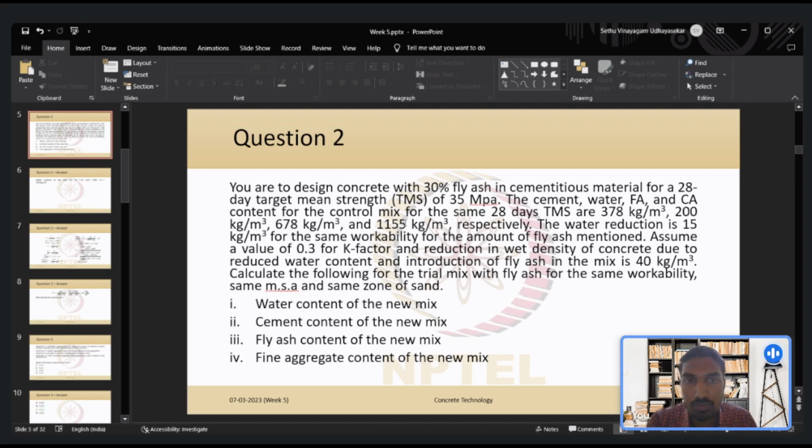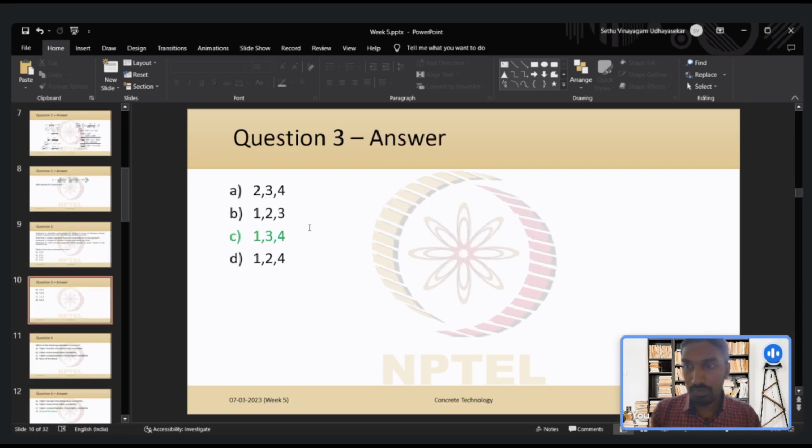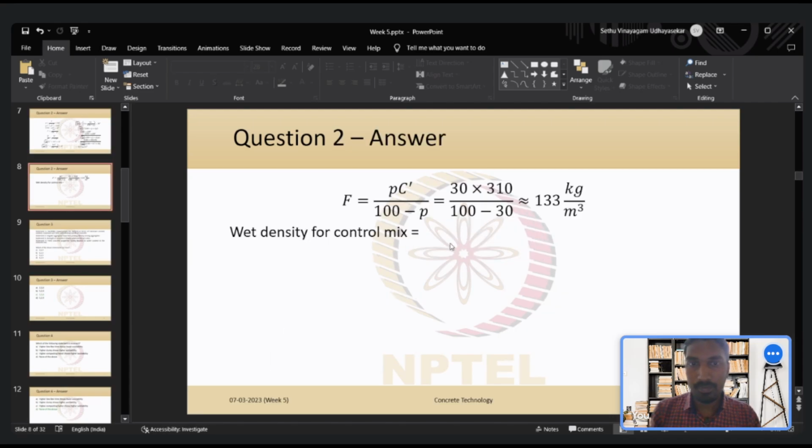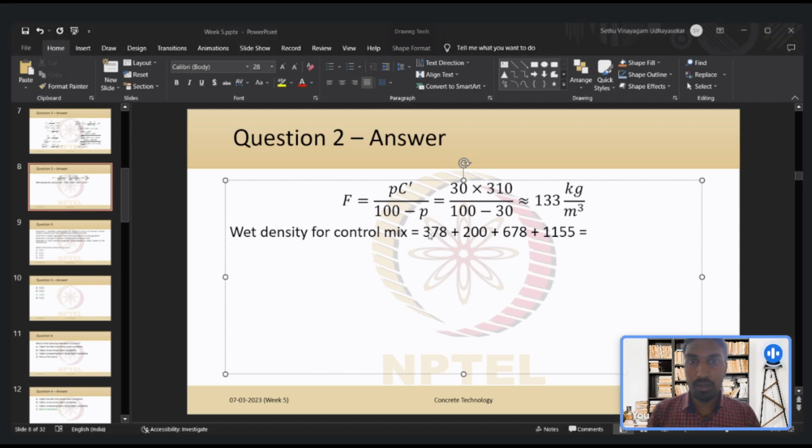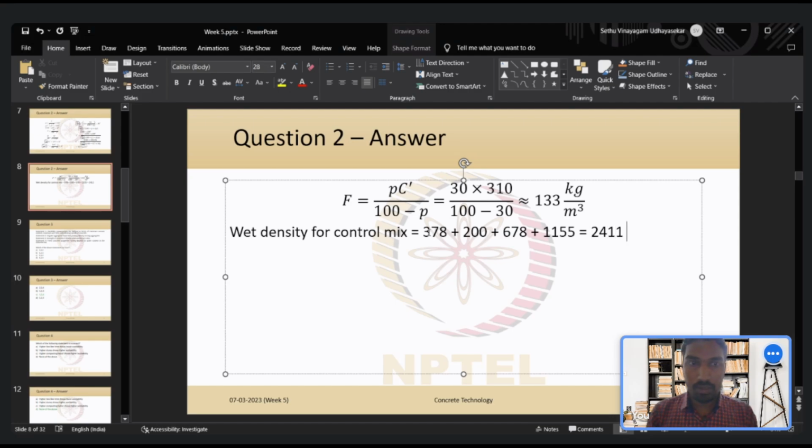Those are the 4 individual components, so we can add their unit volumes. So that is the control mix's wet density, which is 2411 kilogram per meter cubed.